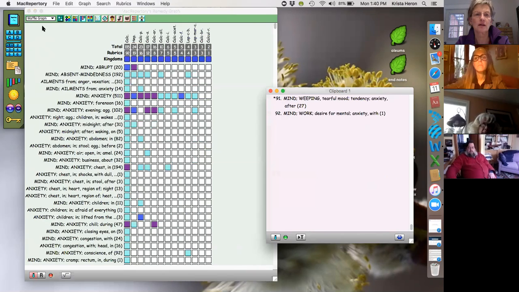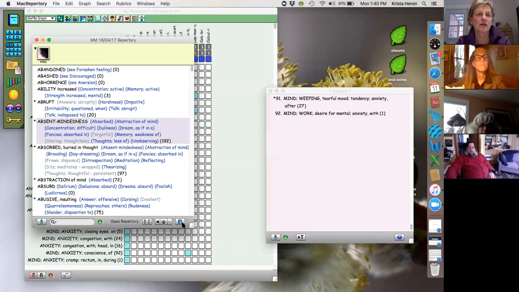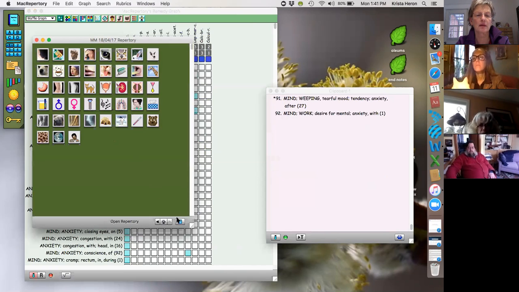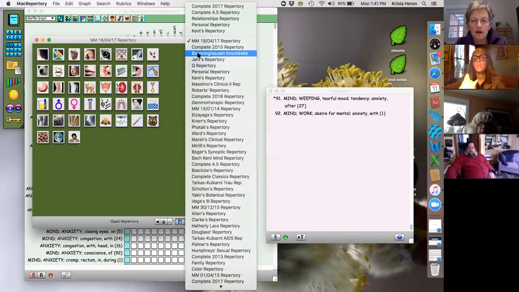Okay, well, let's go back to that just for a second. So if you go back to your little book here in the palette and you go to your lower right-hand corner, mine is called MM 18/04/17. Oh, okay. Is that available through his website?